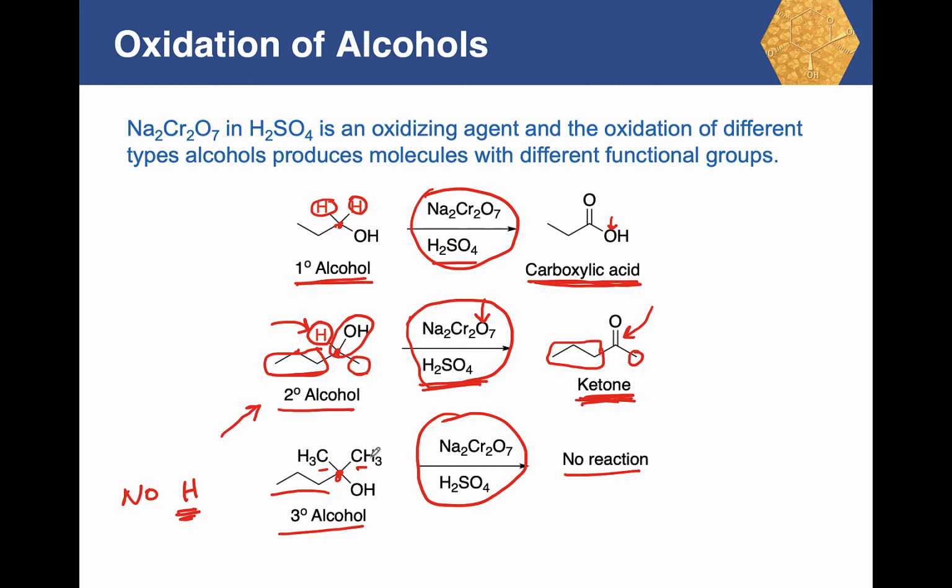Notice there are hydrogens here, but they are not bonded to the carbon that has the OH group. So therefore, no reaction for the tertiary alcohol in the presence of sodium dichromate and sulfuric acid.